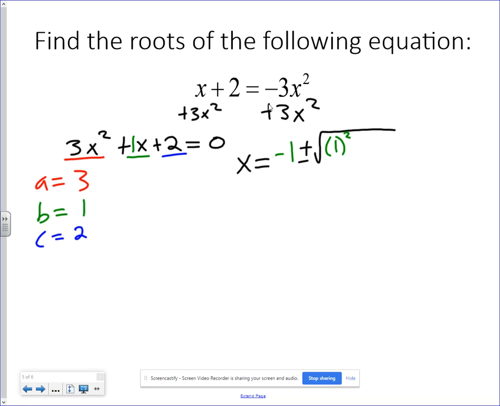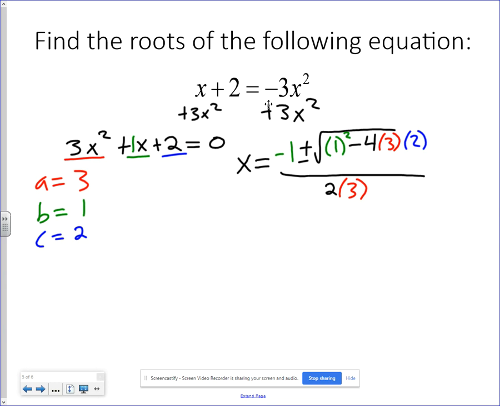And then we'll have -4 times our a term, which is 3, and times our c term, which is 2. And then that'll be all over 2 times our a term, which is 3.